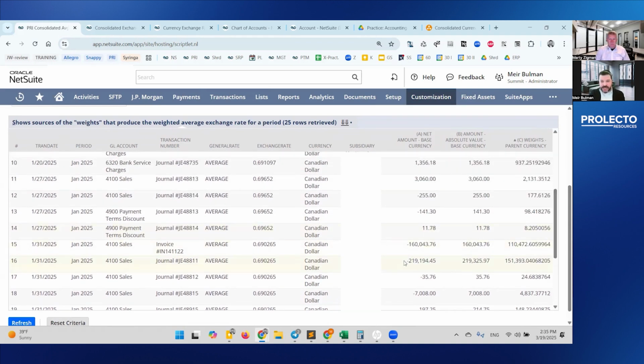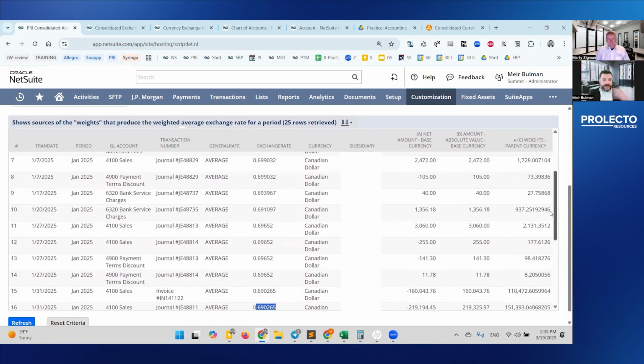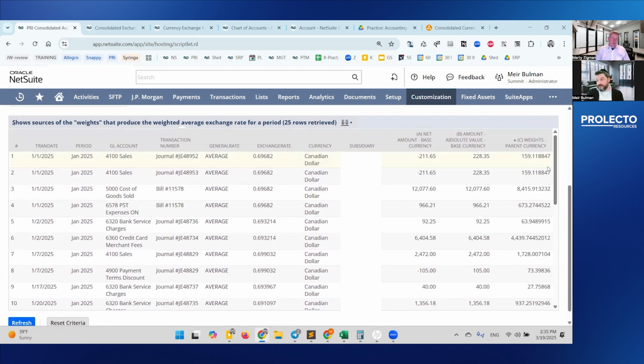Oh, I see this large transaction here. That's going to be contributing a lot to my weighted average. And that occurred on a particular day, and that was the rate of that day. And that's why it's swinging, in one way or the other. And then, of course, anybody could drill down if they want to understand, but at least now the algorithm is clear and it feels grounded.